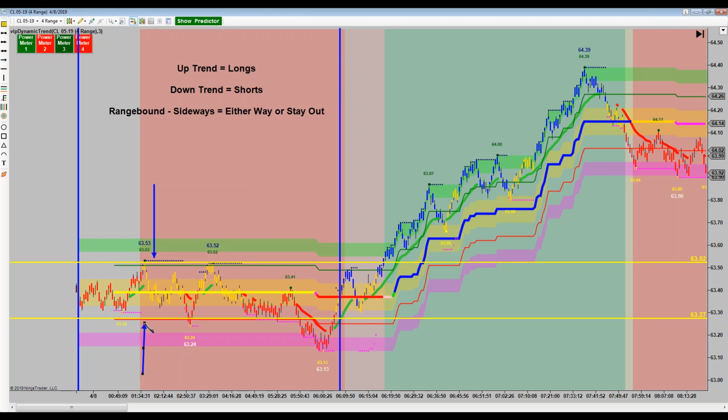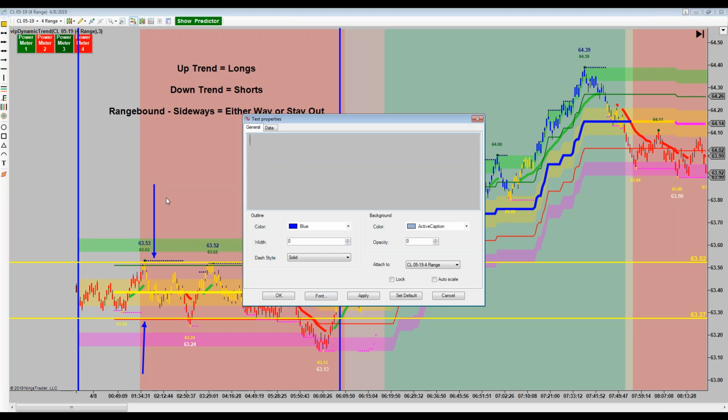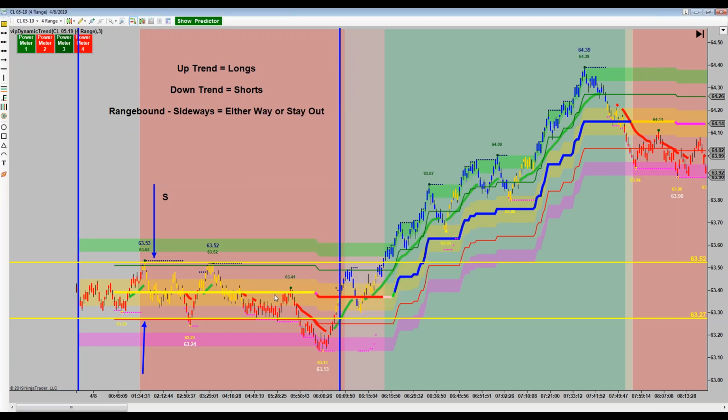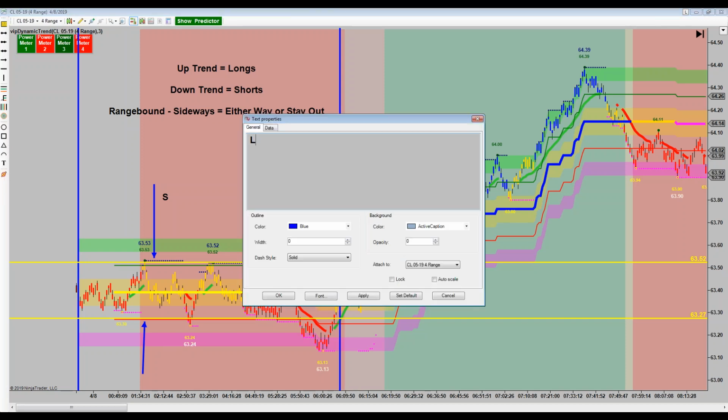So that would be an L. You would type in an L for long, S for short, or would you trade both ways? If you were to trade this range, hypothetically, would your primary mode of entry be S for short? So you'd be shorting the top of the range, covering near the bottom. L for long. In other words, you're buying the bottom and getting long and taking profits at the top.